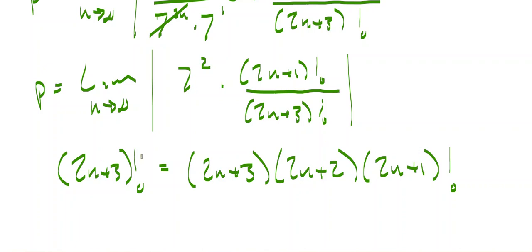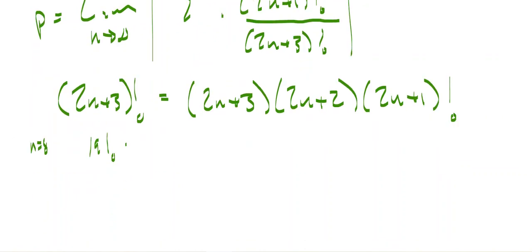Now let's just show that this does work. Let's say that n was 8. If n is equal to 8, what is 2n plus 3 factorial? Well, 2 times 8 is 16 plus 3 is 19 factorial, which is 19 times 18 times 17 factorial.